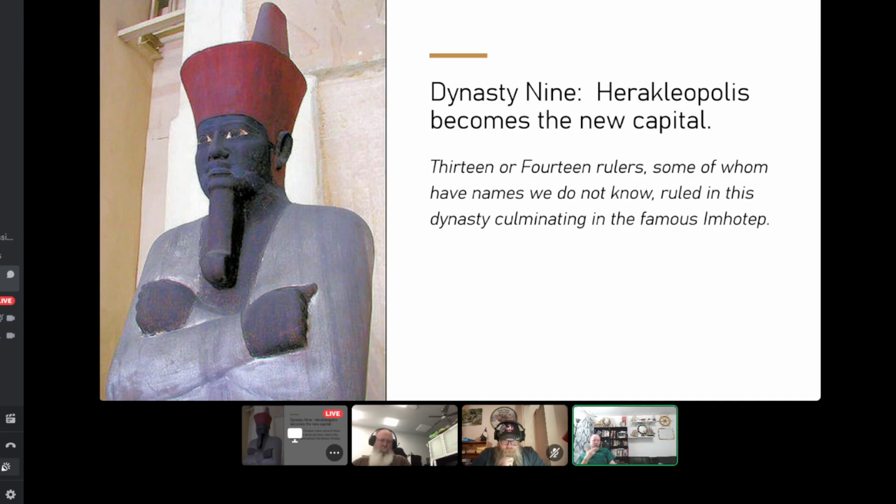As we're talking about the first intermediate period rulers, we know, for example, that Mentuhotep the first ruled, and we know that Intef the first ruled, and Intef the third ruled. Obviously, it seems likely that Intef the second also ruled during this time, but there are those who suggest that maybe he didn't.